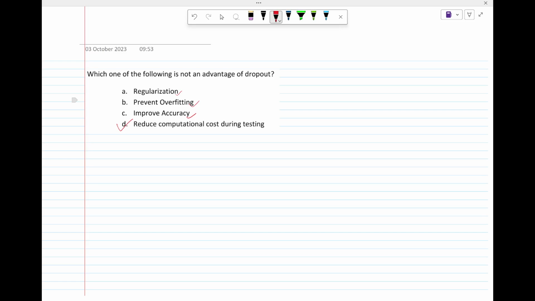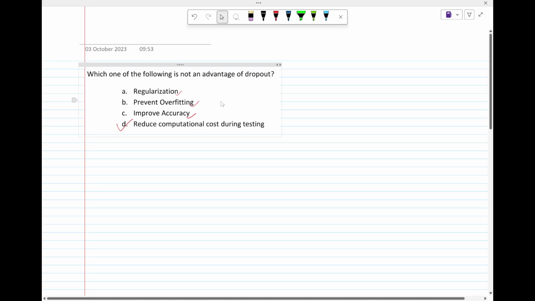Any doubts in this? That is an implementation detail of dropout, that dropout is only used when you are training your model and not when you are testing your model. It is a training technique.